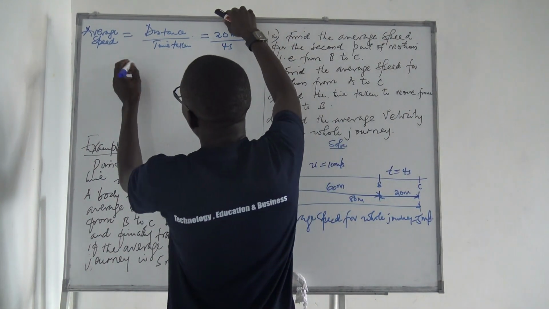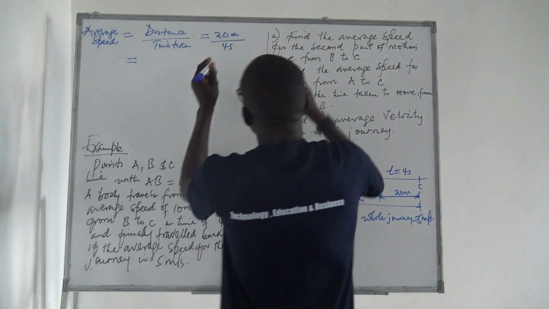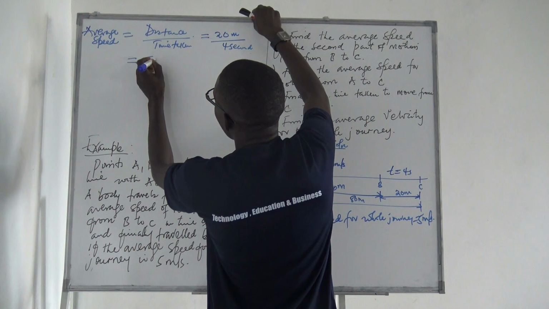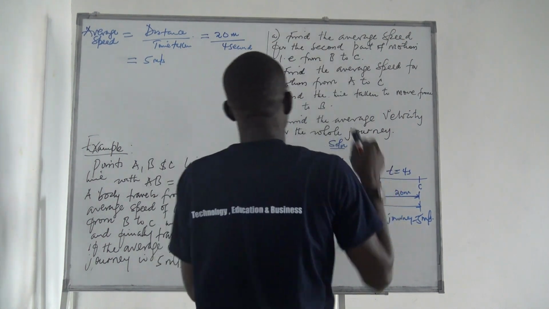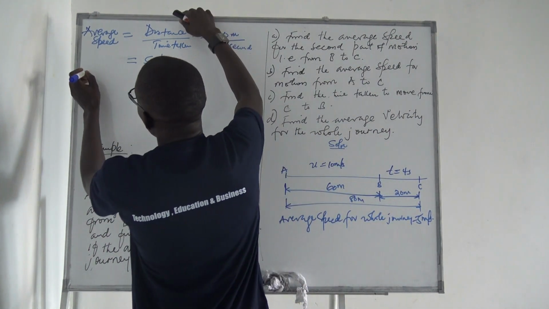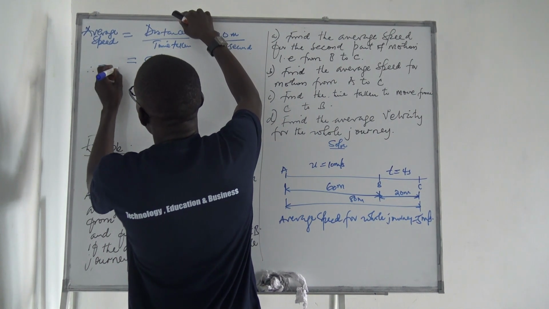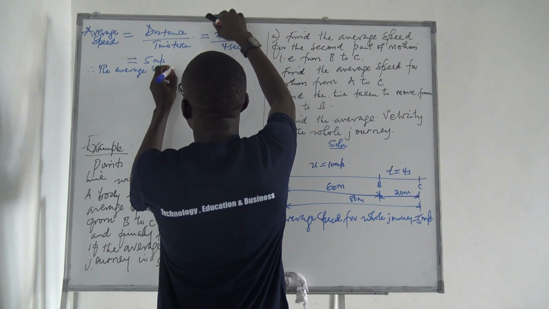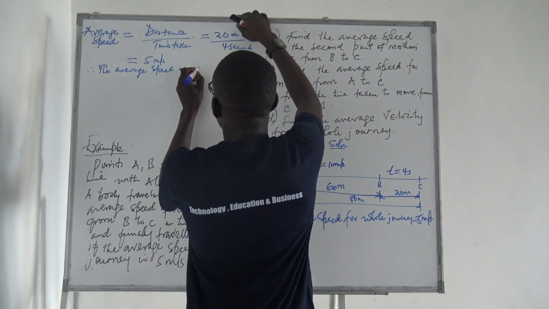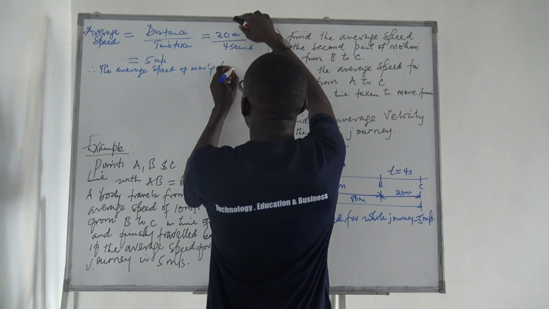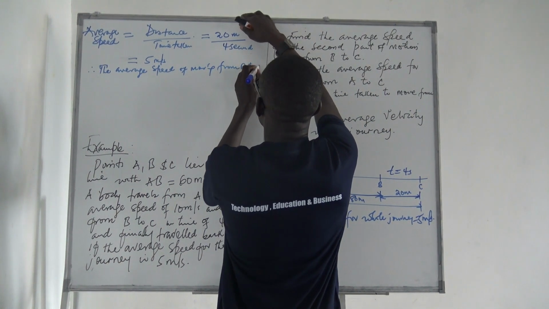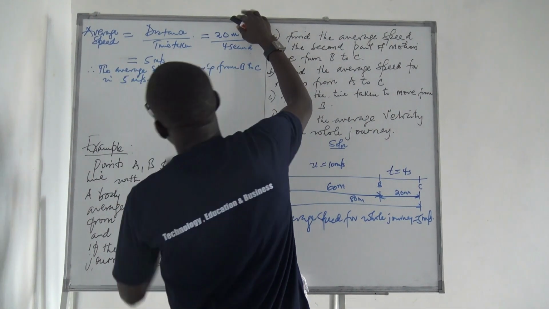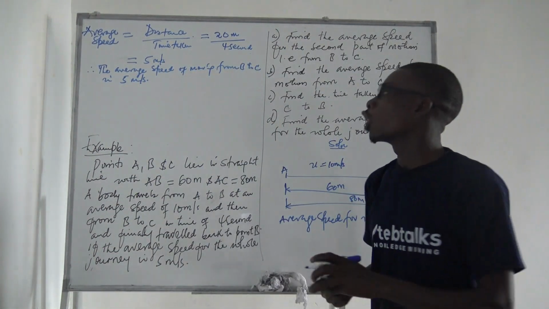And now that will give us something like 20 divided by 4, and that is our 5 meters per second. And now you can make a conclusion that therefore the average speed of moving from B to C is 5 meters per second. Is that okay? That is the conclusion we are getting from there.